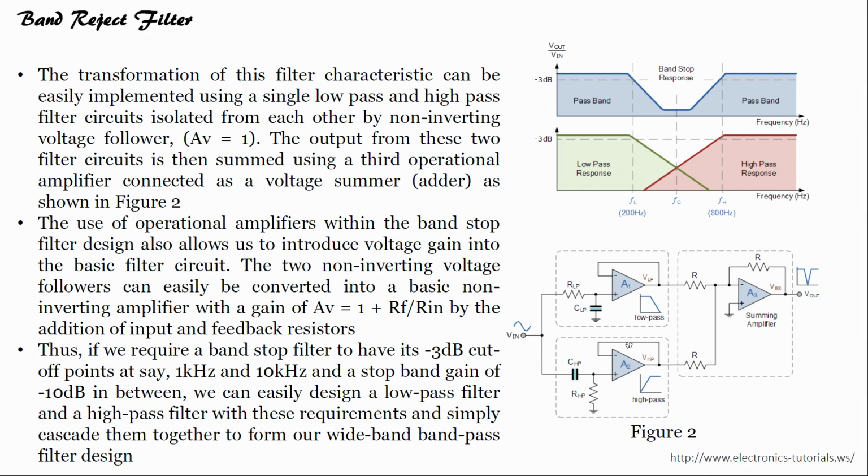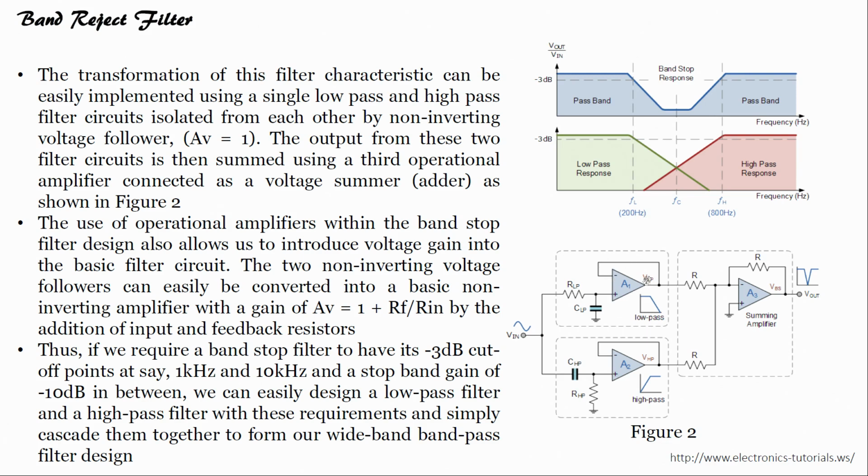The use of an op amp within the band stop filter design also allows us to introduce voltage gain into the basic filter. Then the two non inverting voltage followers can easily be converted into a basic non inverting amplifier with a gain of AV equals 1 plus RF by Rin.